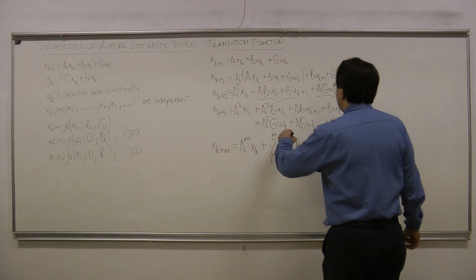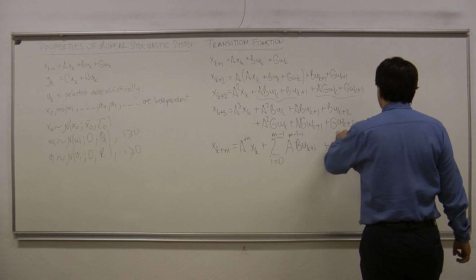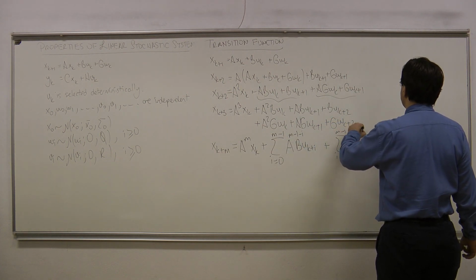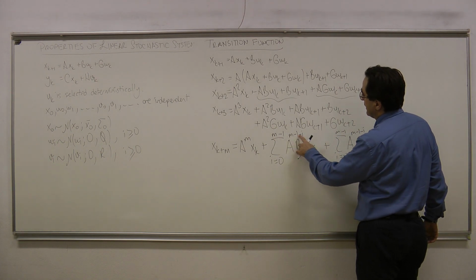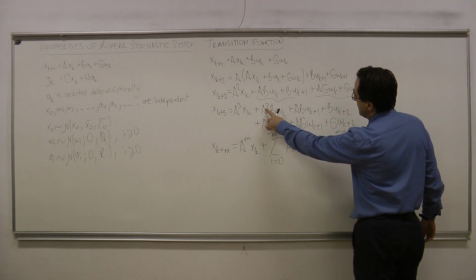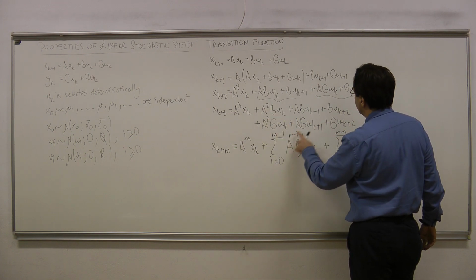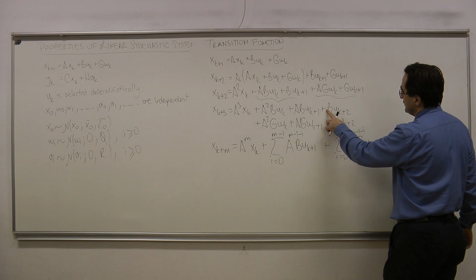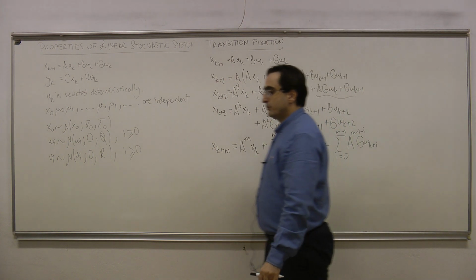So I need to have m minus 1 minus i here, and m minus 1 minus i here. So when i is equal to 0, the power is m minus 1, and when i is equal to m minus 1, the power is 0. And in between, you have the powers in between.